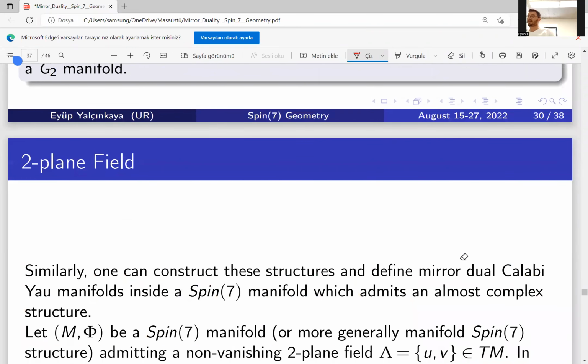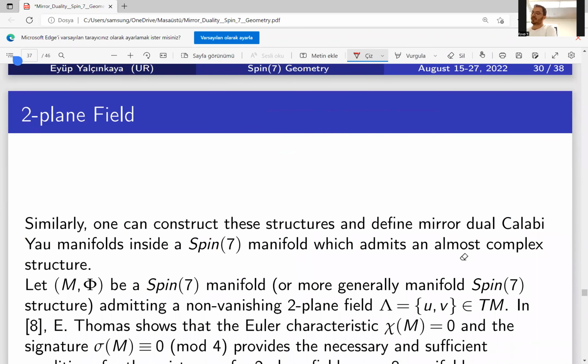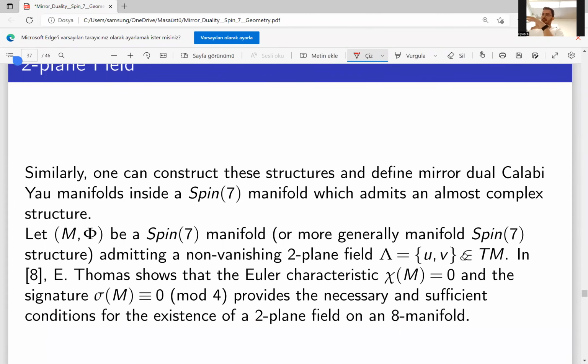So again, we try to find the two plane field in Spin(7), but the difference between G2 and Spin(7) is that in G2 directly you have a two plane field. This is the proof of Thomas.